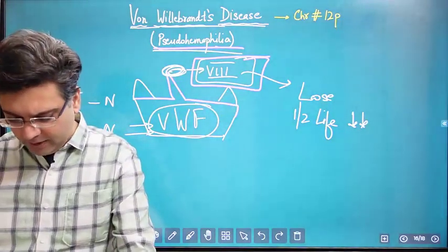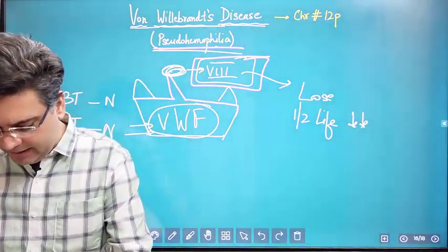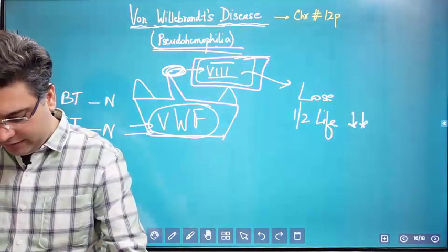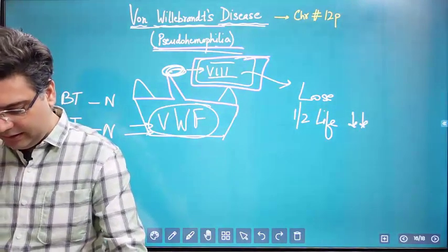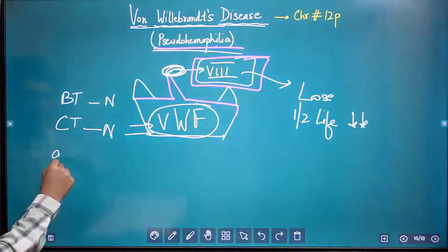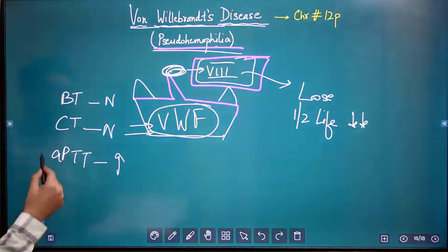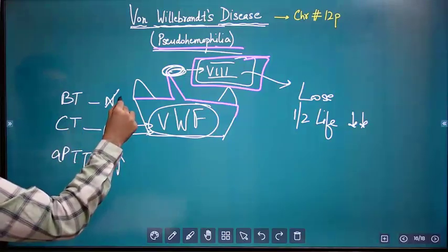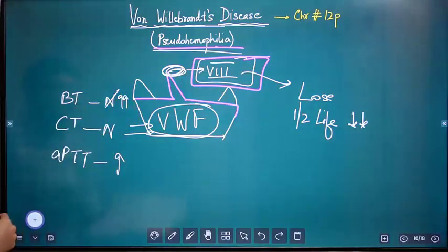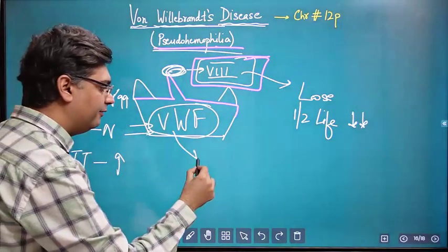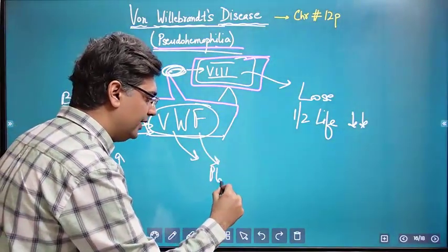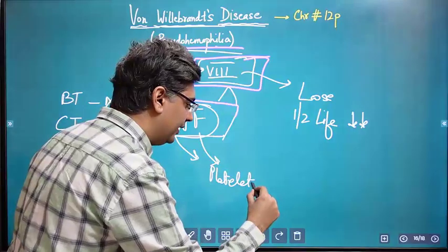Okay, but then if we talk about APTT here, APTT would be elevated. In fact, bleeding time can be elevated in certain conditions, because von Willebrand factor also interacts with platelets.